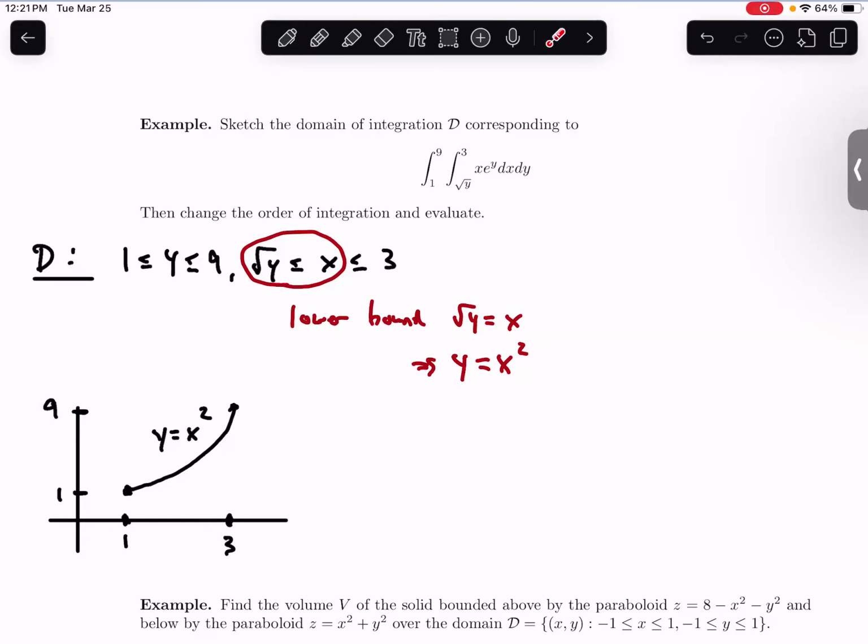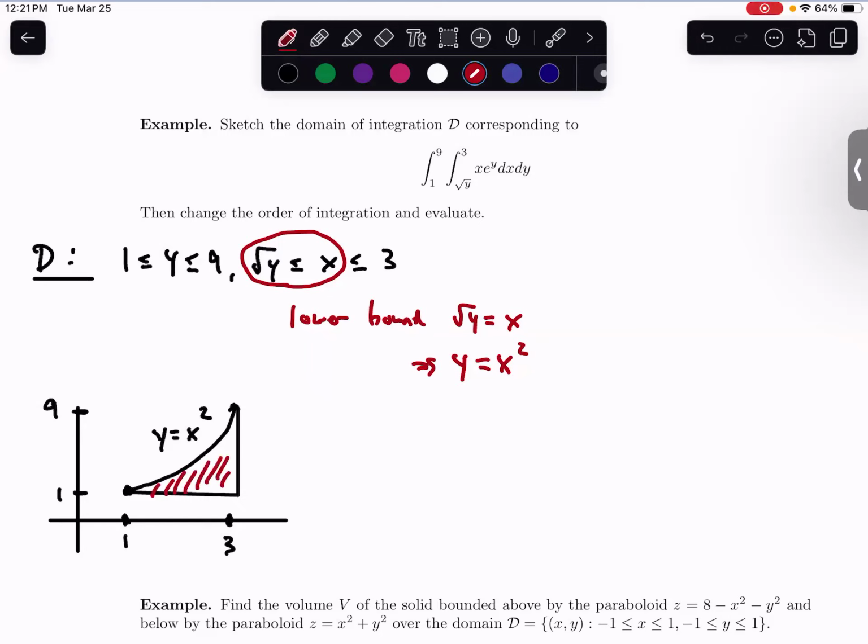The only thing we also need to take into account is that x is bounded by x equal to 3, and then we also have that y is bounded by 1. So we have something like this. This is D, the domain of integration that we're looking at.